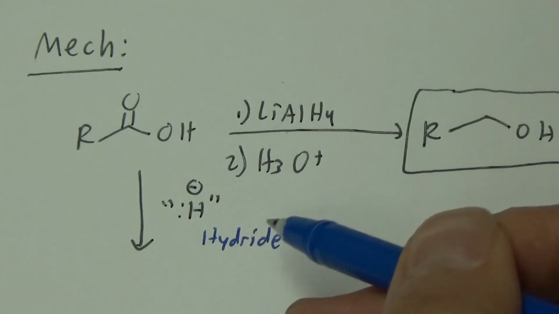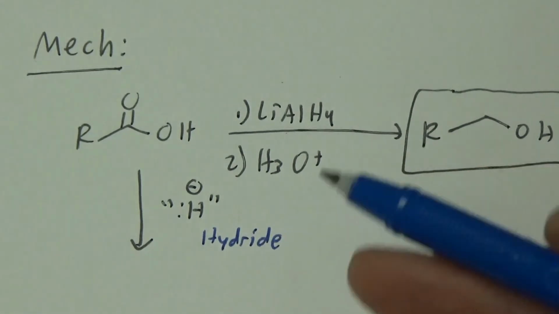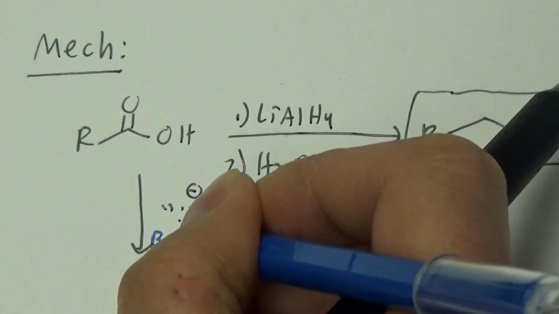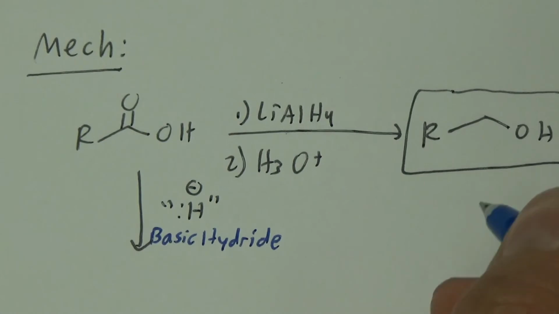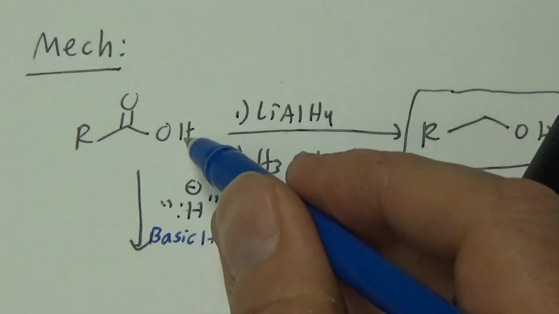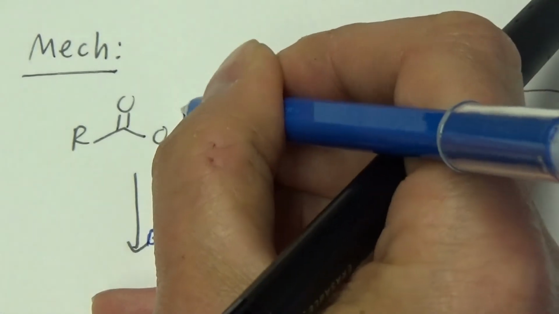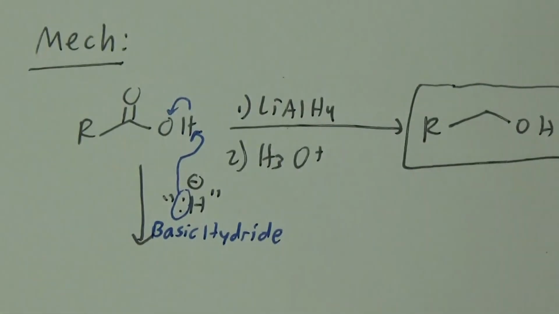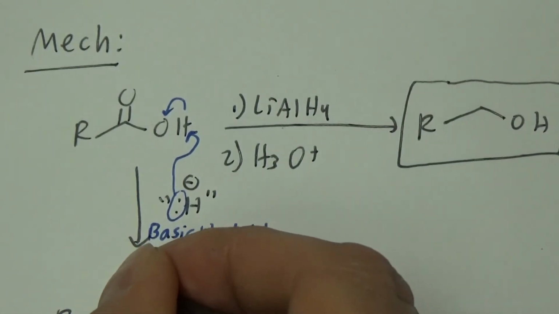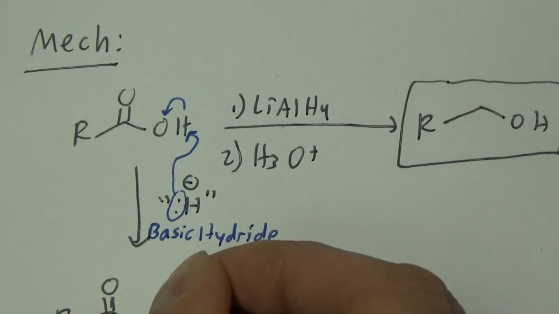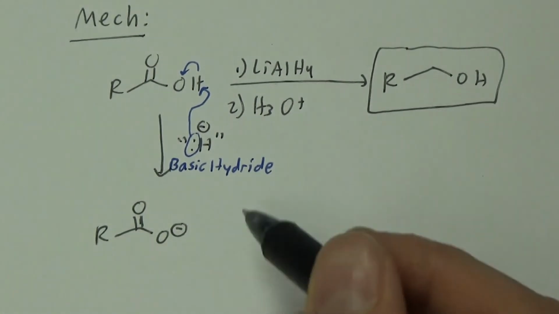But in this reaction, it actually acts basic first. Instead of being a nucleophile, it's going to be a base. So initially it's basic hydride. And what do bases do to molecules? They take protons, right? So it's just going to rip off that proton, and now you've got O minus and some counter ion.